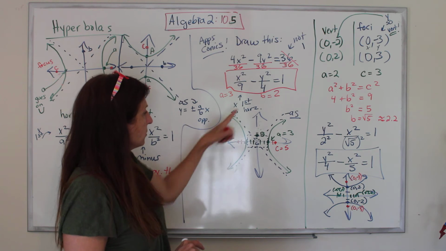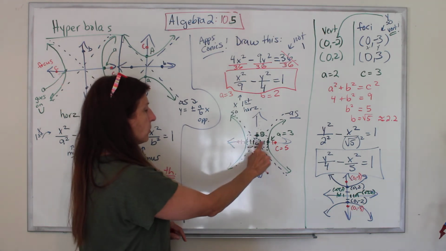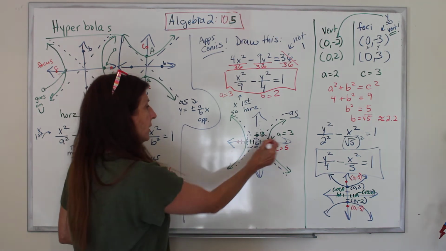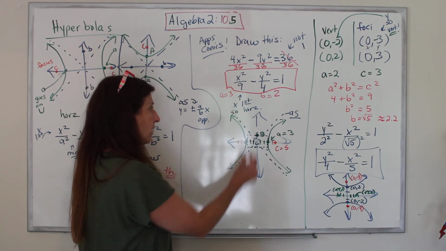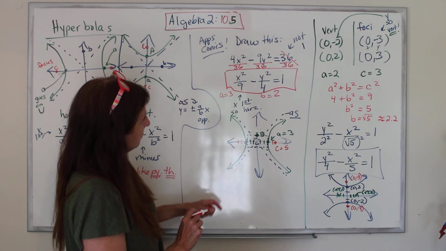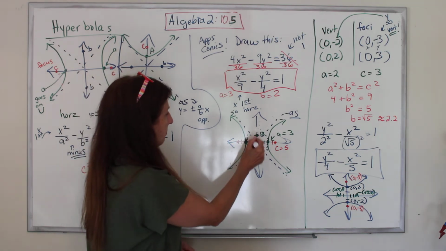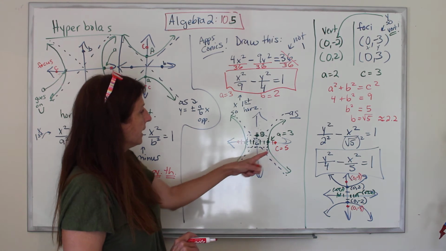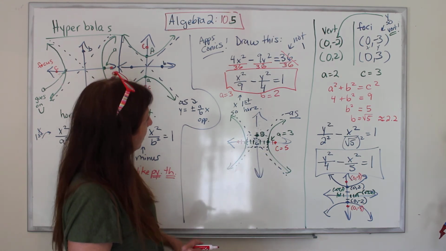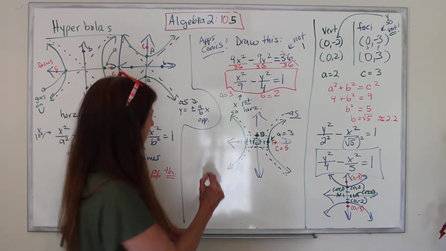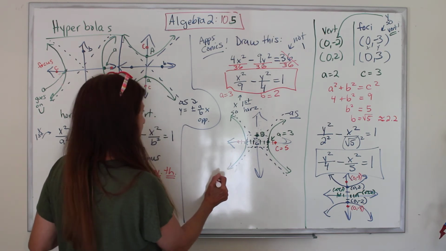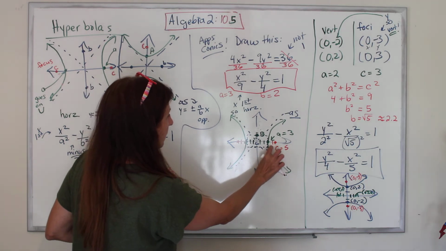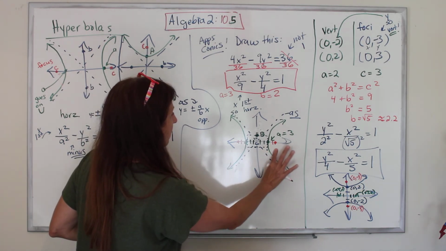So we know it's horizontal, so we go out to where a equals 3 and make a point, and draw our swoosh. Then we go to a is -3 and make a point and draw our swoosh. B would be up 2 and down 2, we can put some dots there. And we can get our focus by using our formula here. I think this is wrong though.